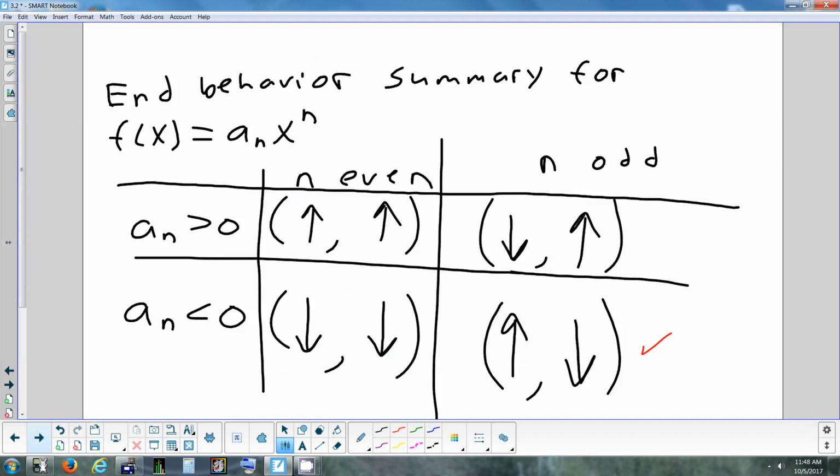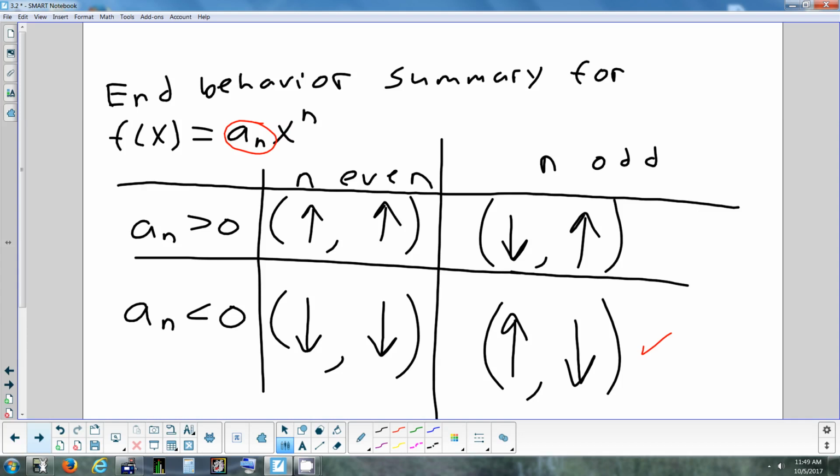Even exponents are always both up or both down. Odd exponents are always one of each. To get a little more specific, you're going to look at that number in front. If it's a positive number and an even exponent, that's like your basic parabola, up, up.